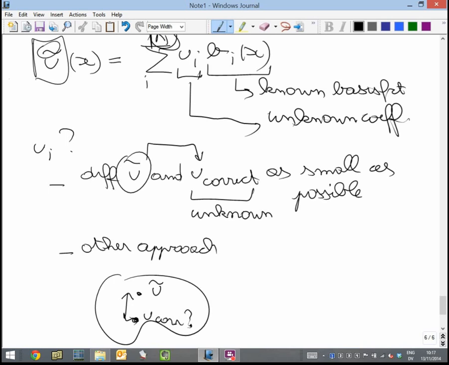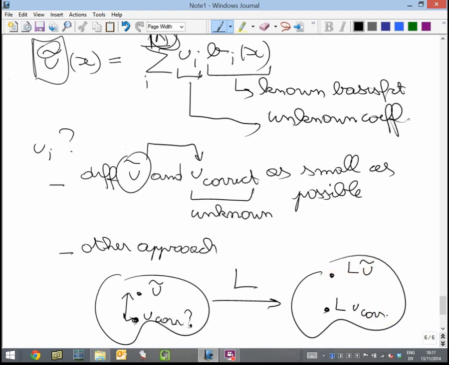However, we still have something in our arsenal, which is our linear operator L. What would happen if we apply our linear operator L to what we have here? Then U correct gets transformed into L U correct, and U tilde gets transformed into L U tilde.